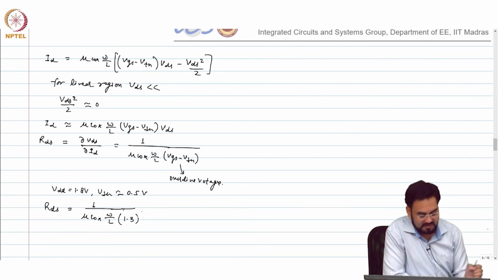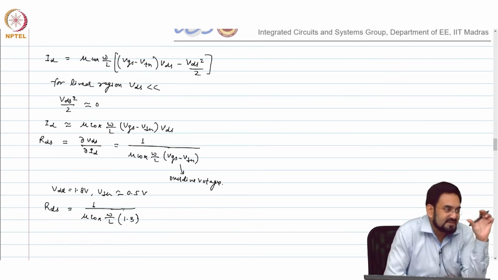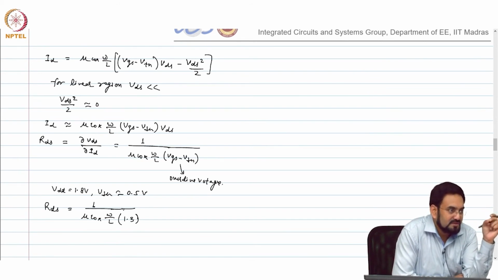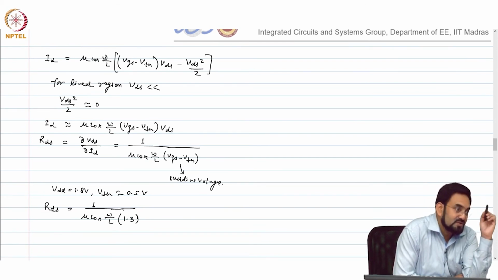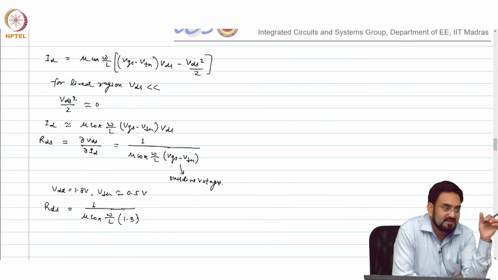Oh, sorry. Yeah. So one thing I am not considering, since it's a very low RDS on, is the IR drop. So when it's fully on, what will be the VGS you are applying? In the PMOS, VGS you are looking on the source side, okay, not on the drain side. The drain side will be slightly smaller because of higher drop. So you always look for the higher side VGS.